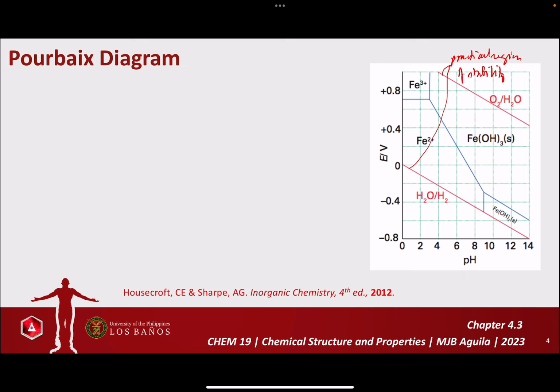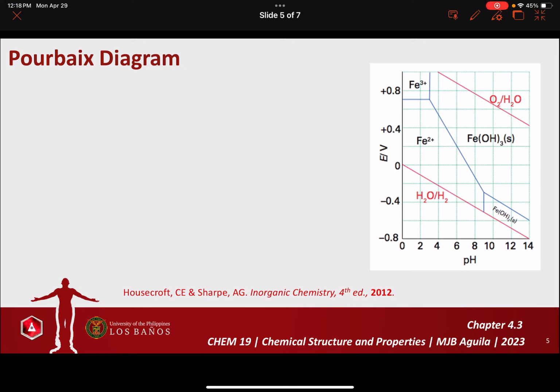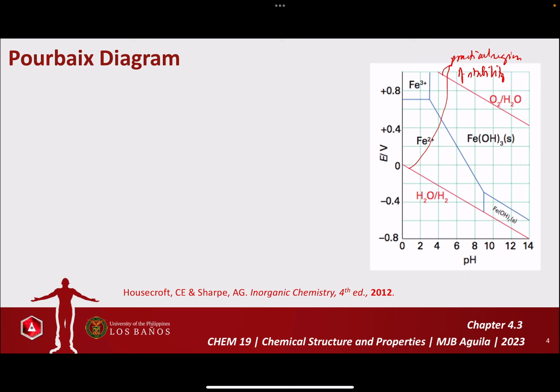Within that practical region, we're seeing the important transformation for the metal or for the element of interest. But beyond that, above this red line or below the red line, it is the water molecule that breaks down and not the metal.